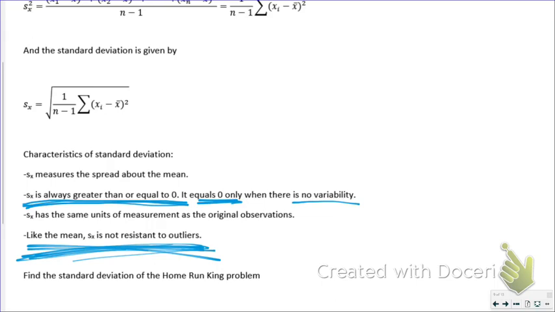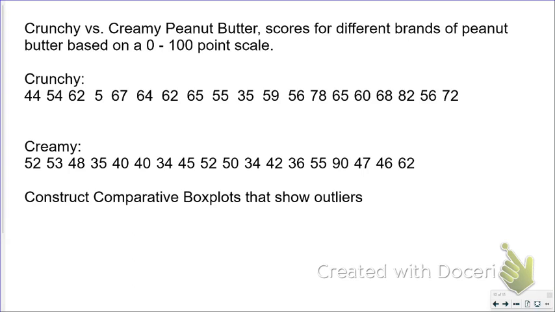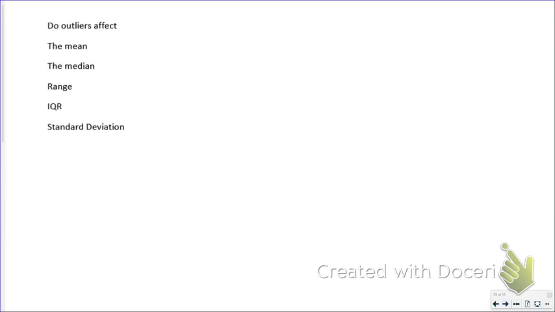Last thing, units are the same as what you measured for each observation. So for standard deviation for Barry Bonds, it's 12.6865 home runs. All right? Last thing we did, we walked through all the statistics that we calculated, and we wrote yes or no to this question.